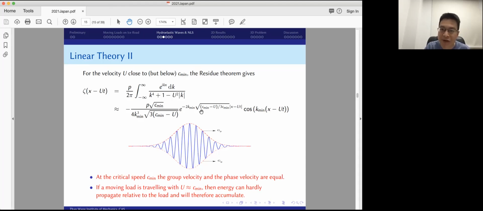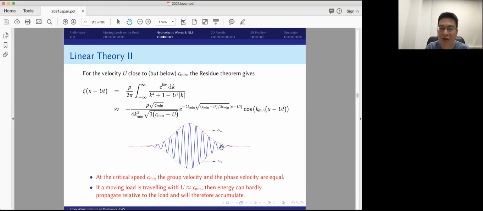And the envelope is much longer than the carrier wave, because C min minus u is very close to 0. So there's an epsilon in the envelope, so the envelope is very long. And the amplitude is also very large, because C min minus u is very small in the denominator. So that's what the solution looks like.